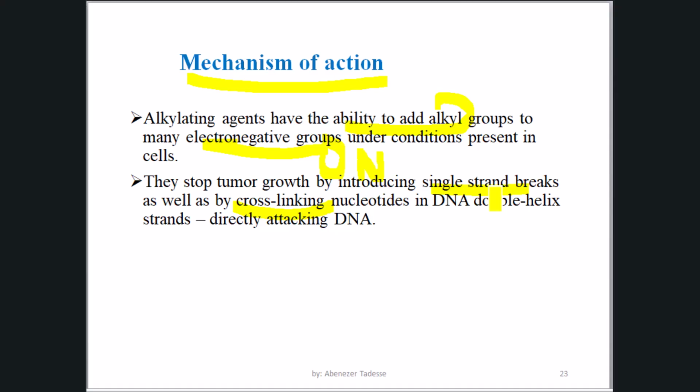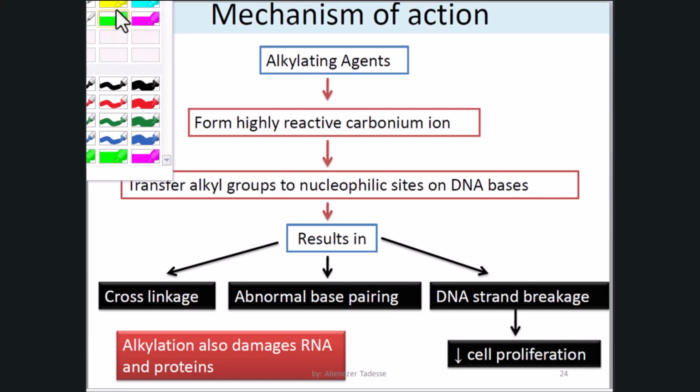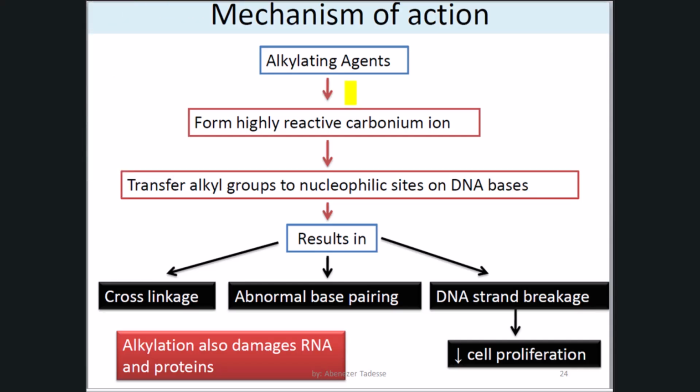As you see here, this mechanism shows how alkylating agents work. Once they enter the body, they form a highly reactive carbonium ion. They rearrange themselves, and this reactive carbonium ion is highly adhesive and can easily attach to DNA, adding the alkyl group to the nucleophilic sites of the DNA.